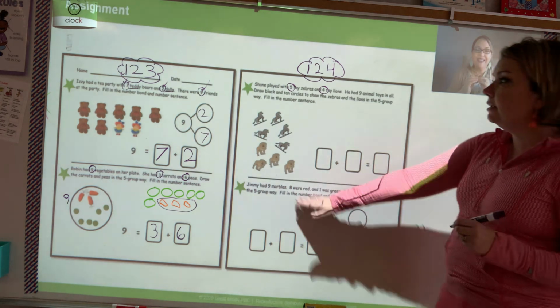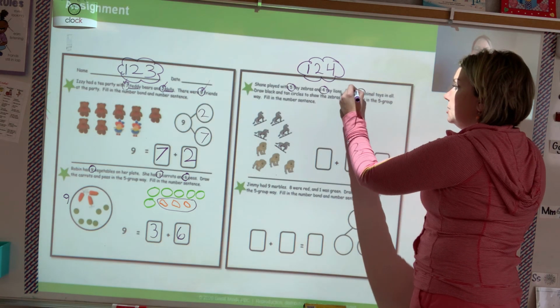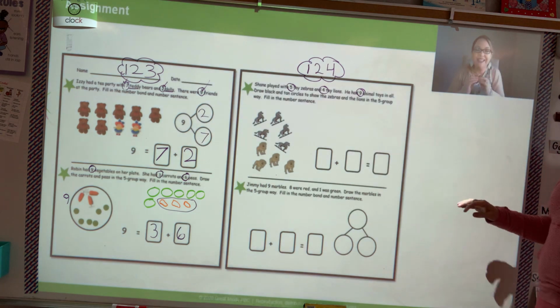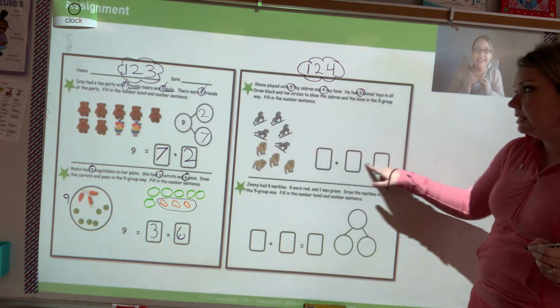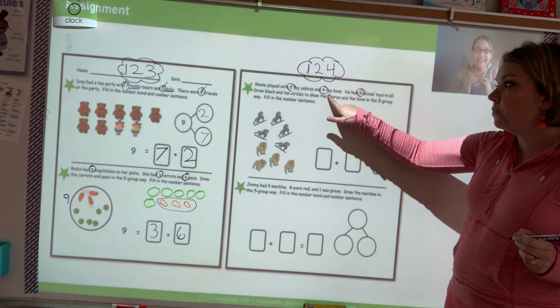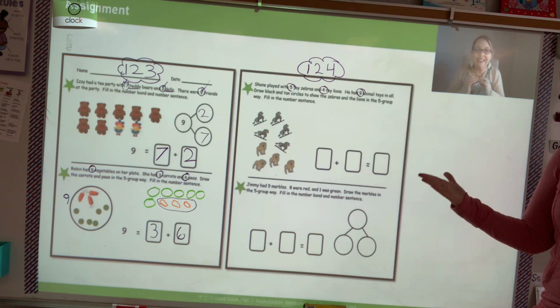Yep, I can see my numbers 5 and 4. He has 9 toy animals in all. So I'm going to circle my 9 because that's my total. So the 3 numbers that are going to be in my number sentence are 5, 4, and 9. Now the order, we have to think about the order.